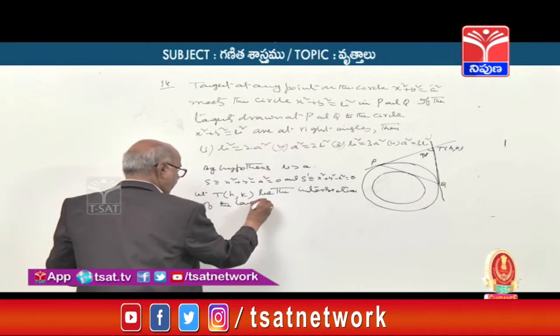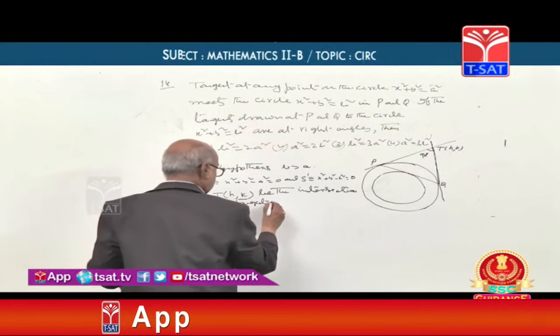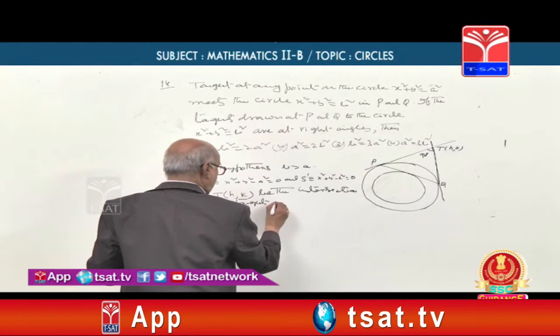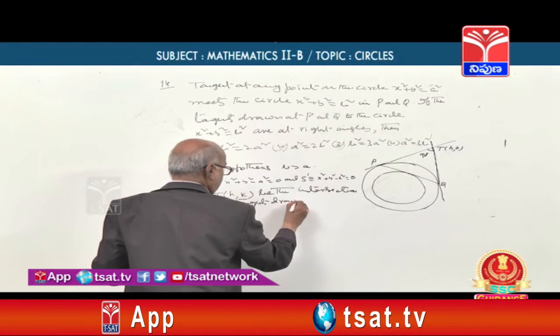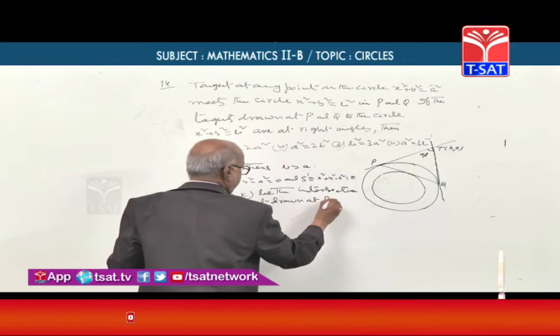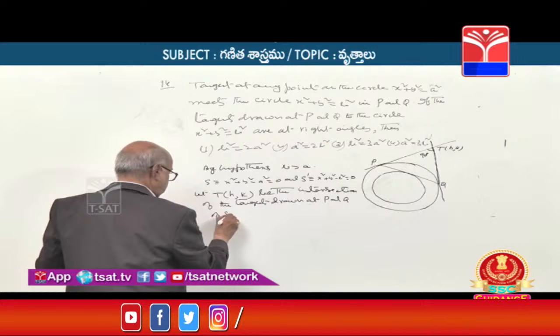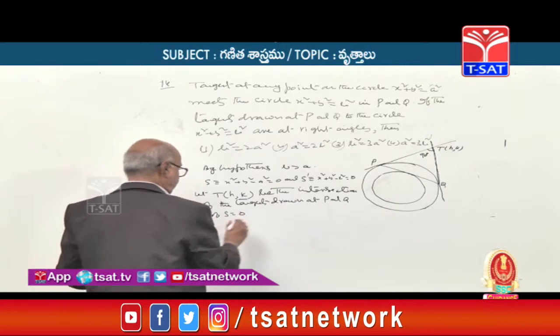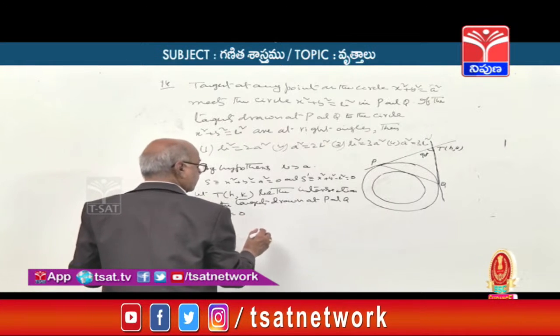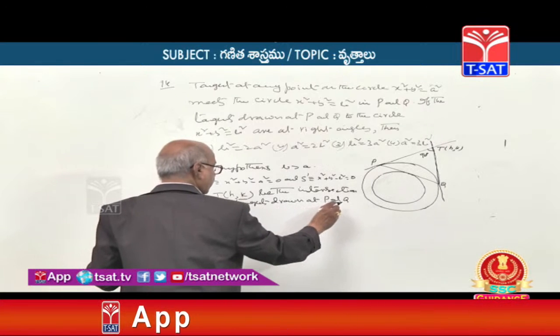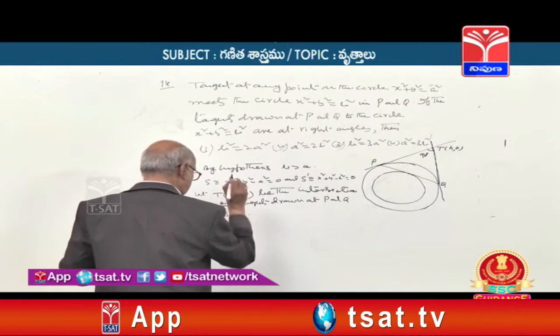Let (h, k) be the intersection of the tangents drawn at P and Q of S dash equal to 0.